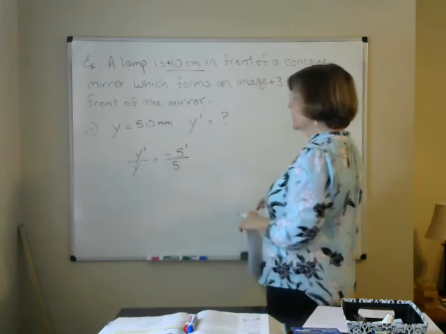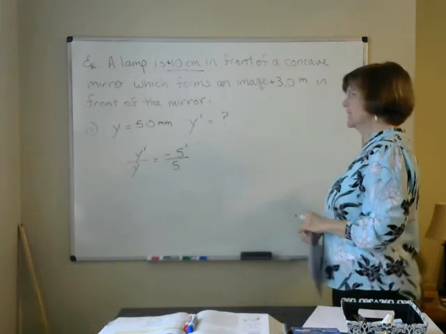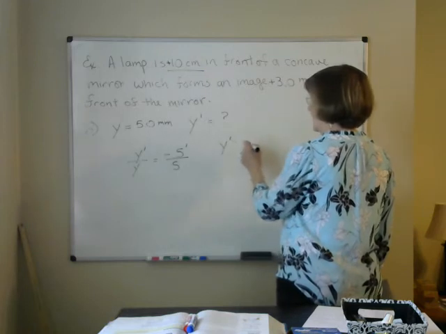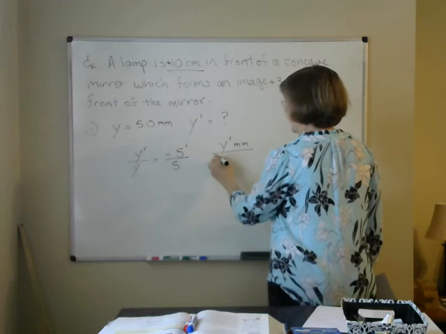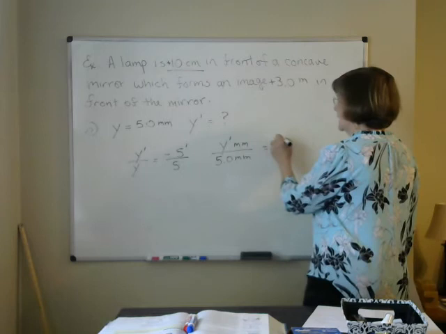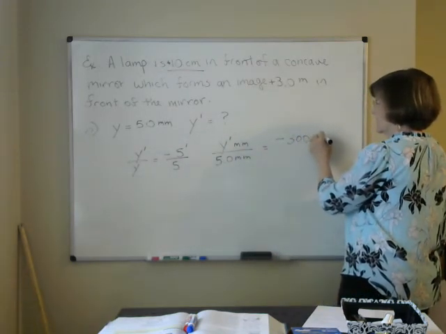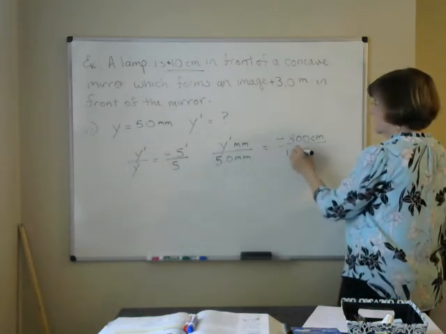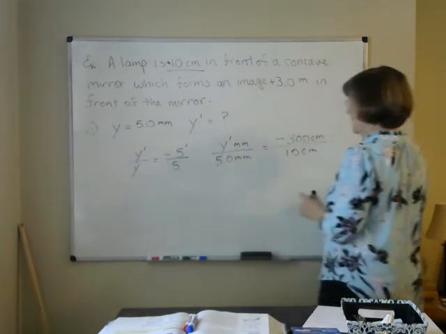If that makes you uncomfortable, you can make all four have the same units. Just think about what you need to be consistent. So I'm going to say y prime in millimeters, which I don't know what that is going to be, over 5 millimeters equals negative 300 centimeters over s, which was positive 10 centimeters. Remember, s prime was positive, but there's a negative sign here, okay?